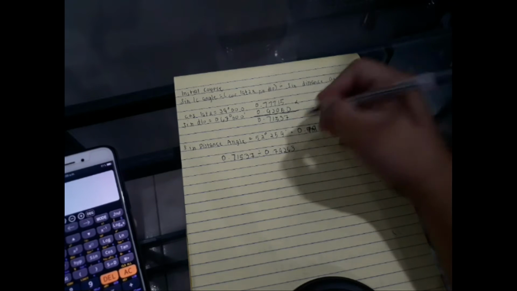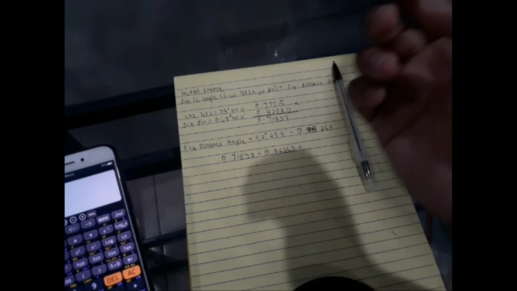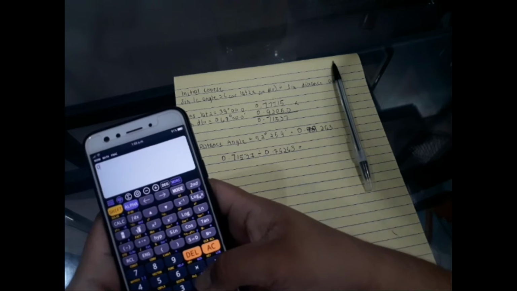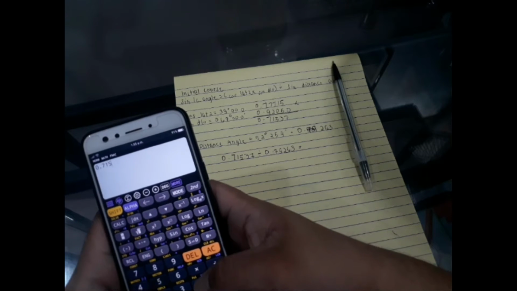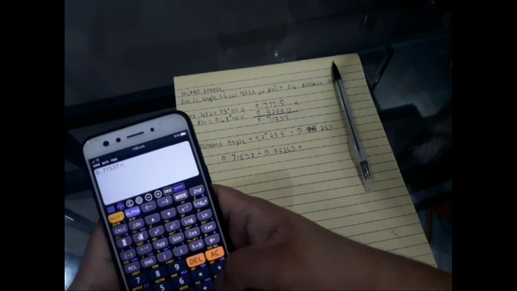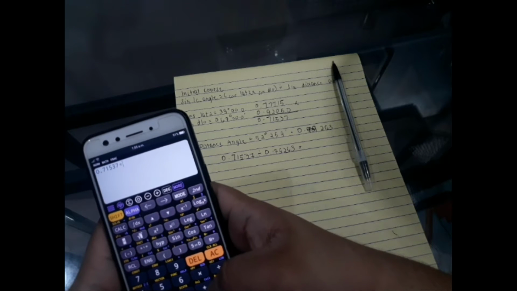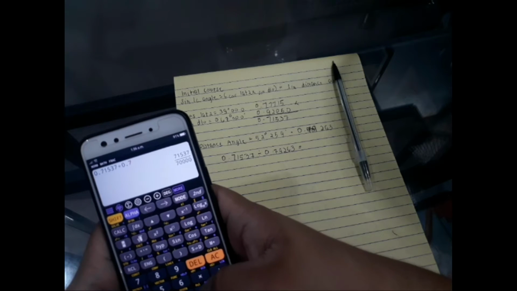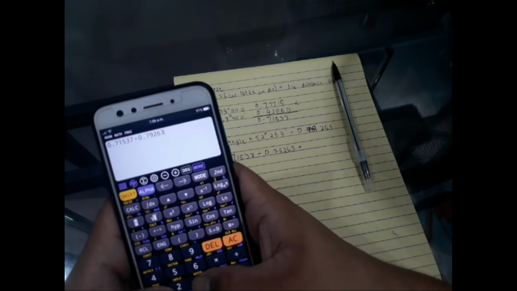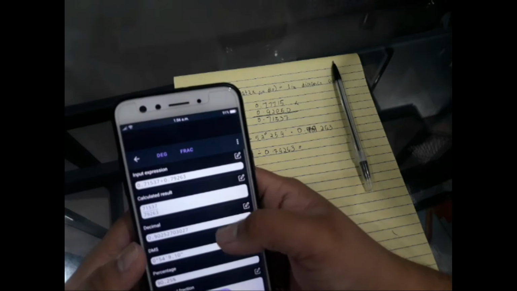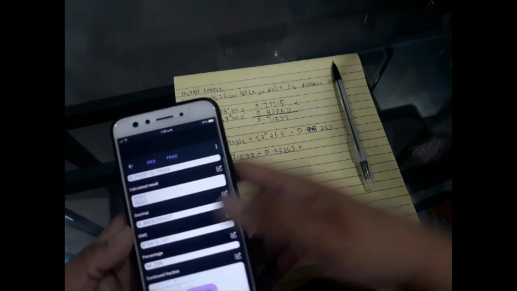So we're just gonna divide it, so the answer is 0.71537 divided by 0.72963 is equals to, so we put into decimal.